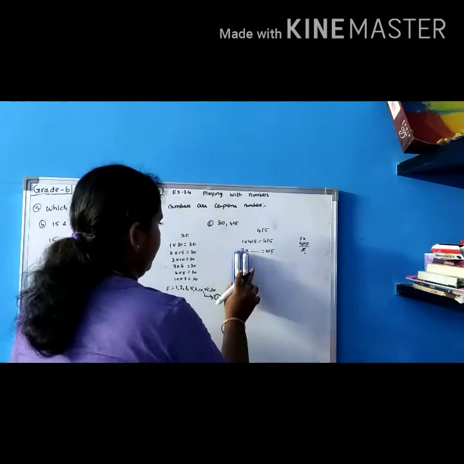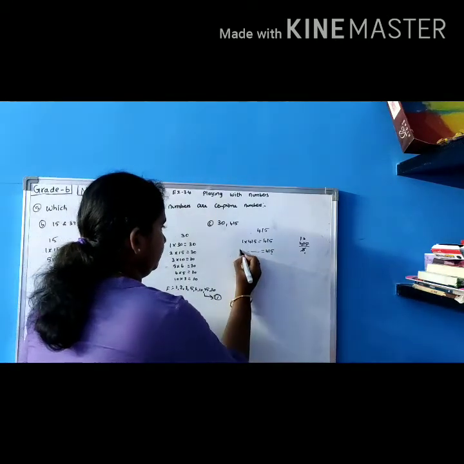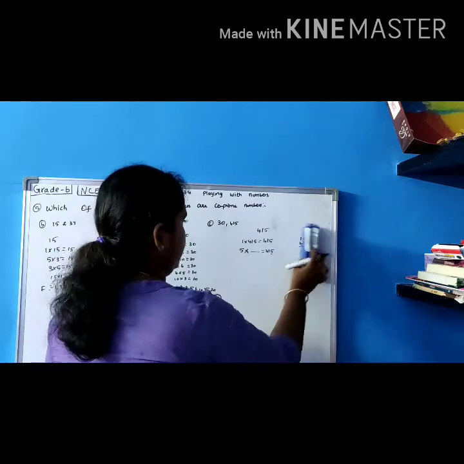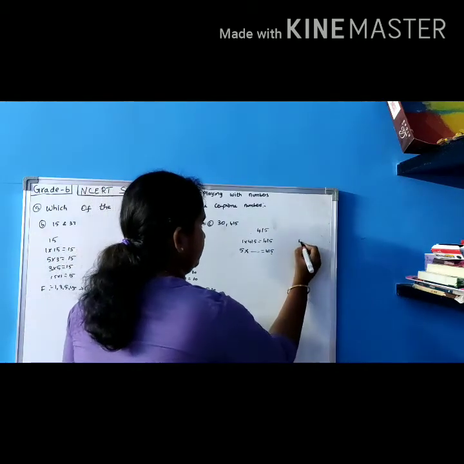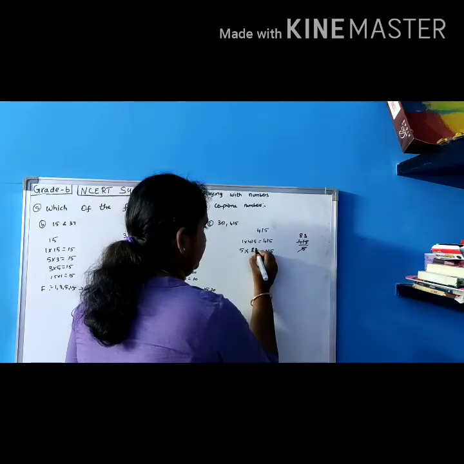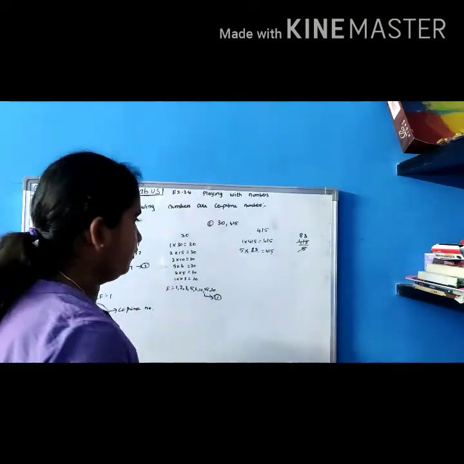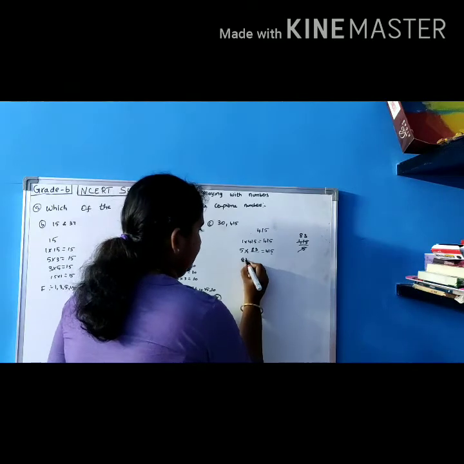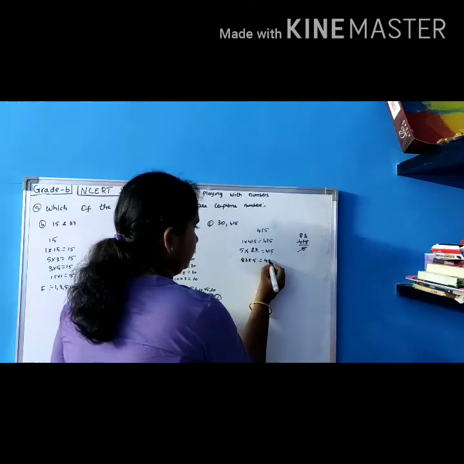Then let's check for the 5 table. 5 into what gives you 415? 415 divided by 5. 1 5 is 5. 8 5s are 40. Balance on 15. 3 5s are 15. So 5 into 83 gives you 415. Again 83 into 5 gives you 415.